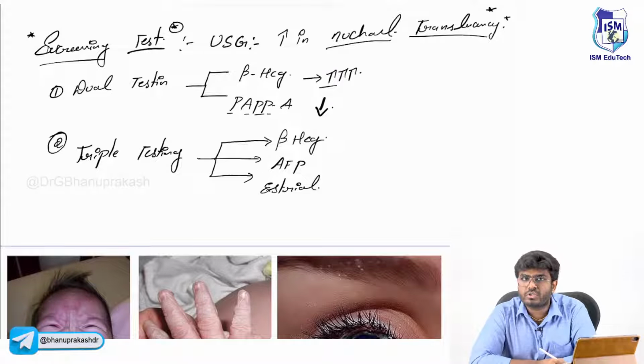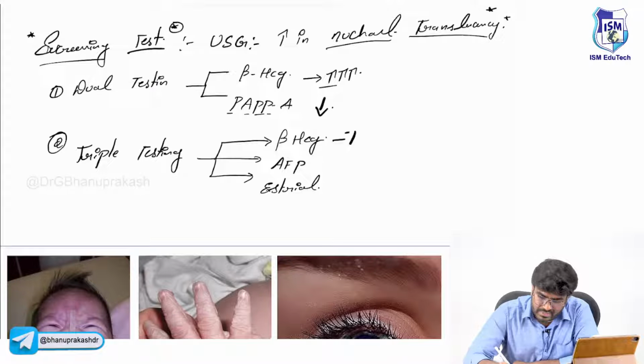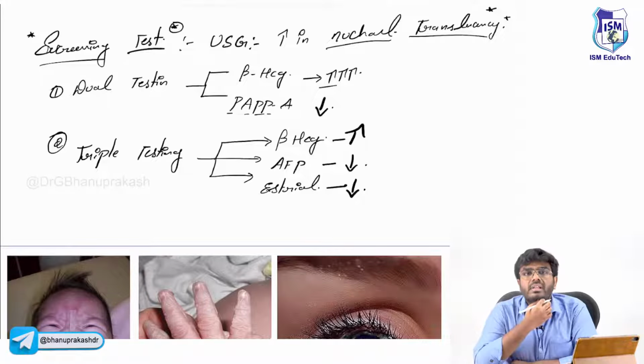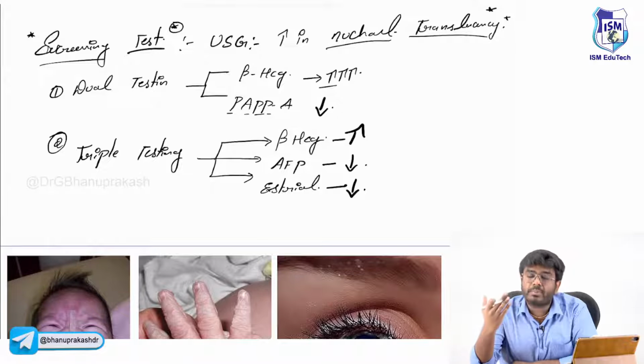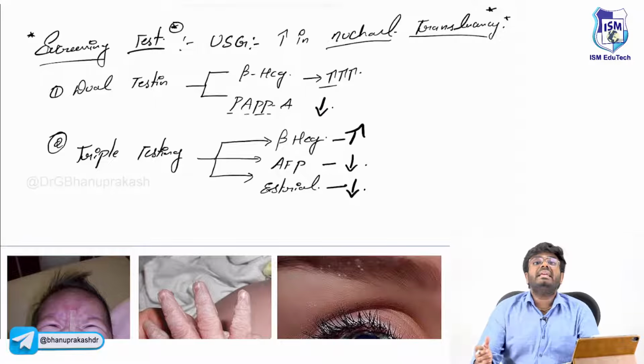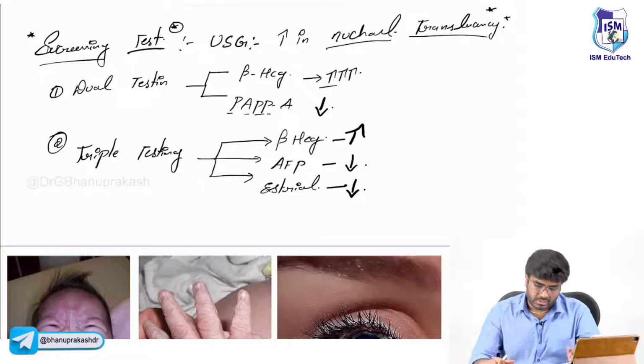Estriol is a major estrogen during pregnancy. Beta HCG levels are elevated, while alpha fetoprotein and estriol levels are reduced. Whenever alpha fetoprotein and estriol levels are reduced with elevated beta HCG levels, it is indicating that the baby is suffering with Down syndrome.